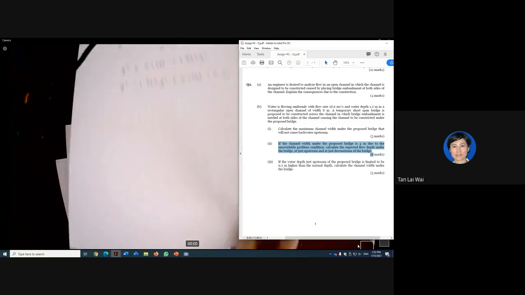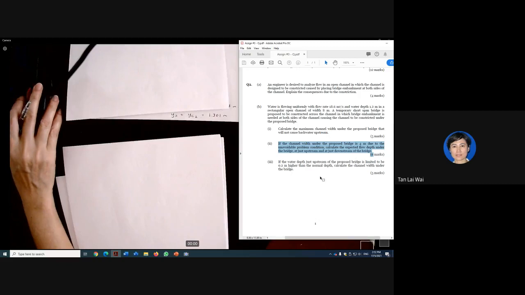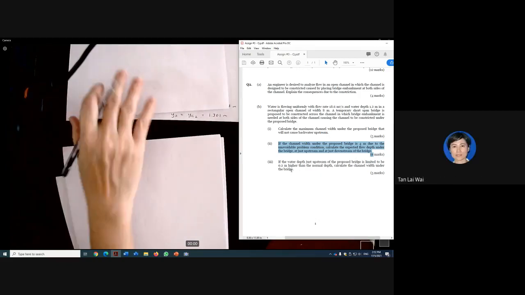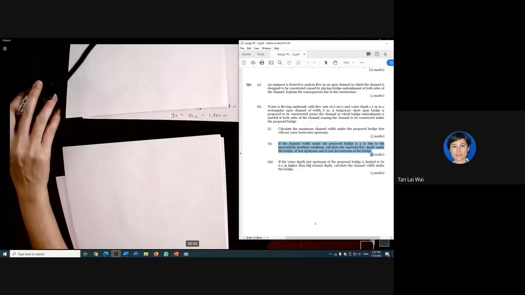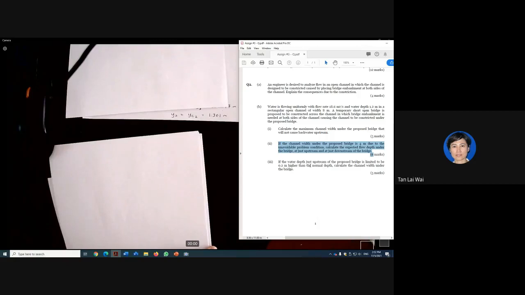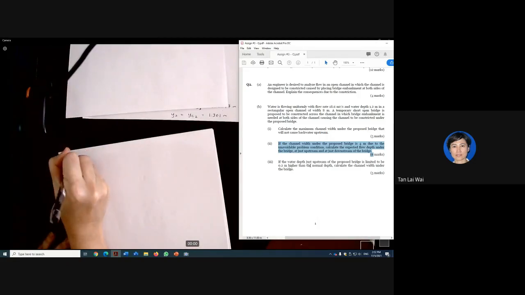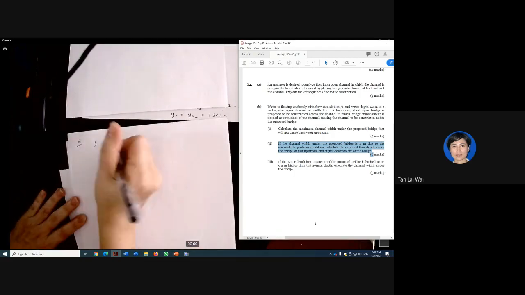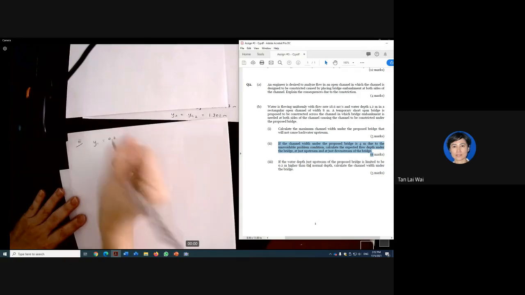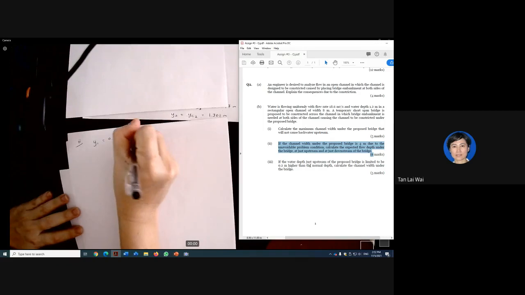Okay, once you have that, let's look at the third part. The last part is if the water depth just upstream of the proposed bridge is limited, that means just upstream is y1, is limited to 0.2 meter higher than normal depth.